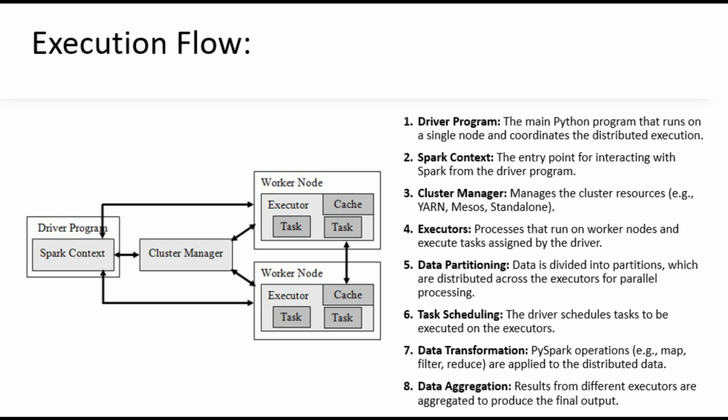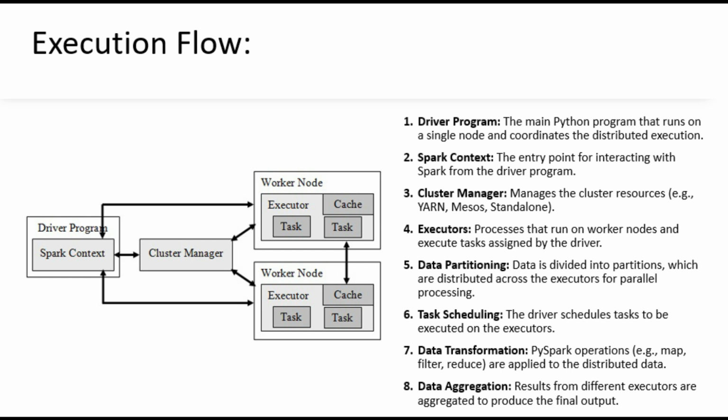Cluster Manager manages cluster resources, Yarn, Mesos, standalone. It allocates resources to executors. Executors run on worker nodes. It executes tasks assigned by driver and manages data partitions. Data partitioning divides data into partitions.